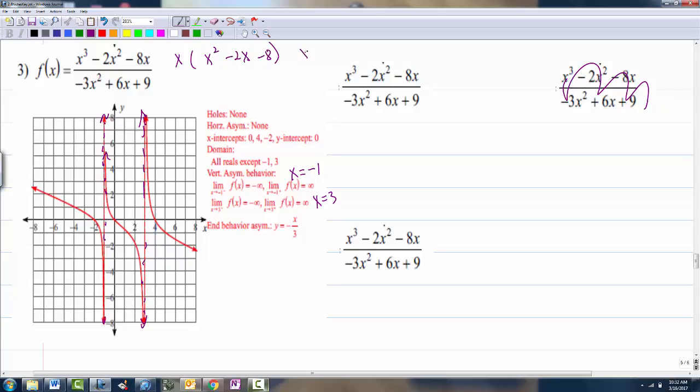And then x minus 4, right? And then x plus 2, right? Right. So 4, 0, 0, 0, and negative 2, 0 are x-intercepts. Hey, what happens at the x-intercepts before and after?